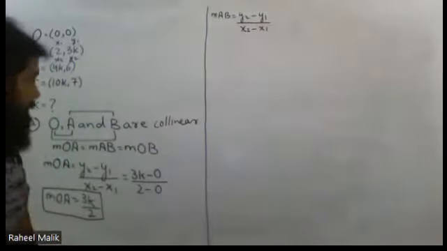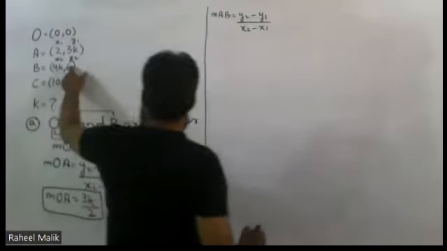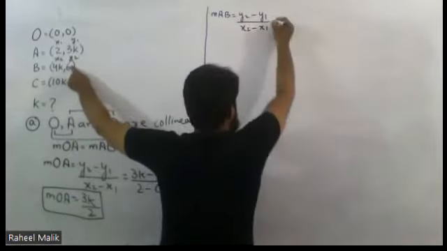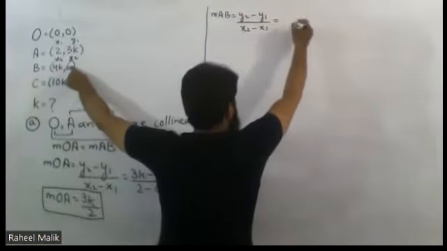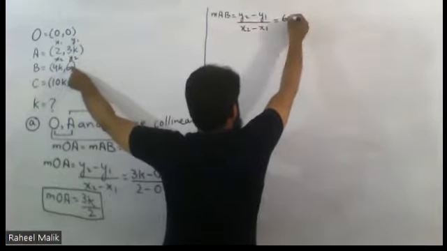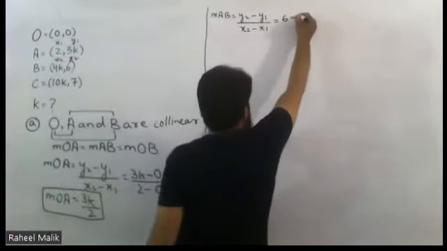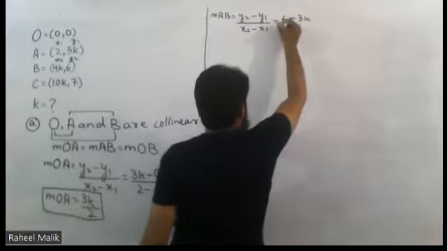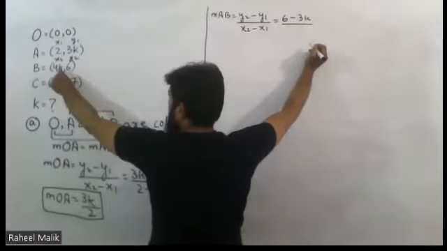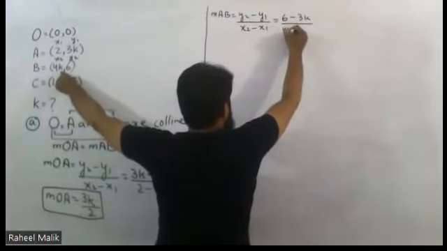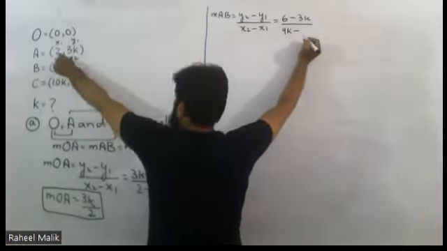The formula will remain the same, only the values will change: y2 is 6, minus y1 which is 3k, over x2, that is 4k minus 2.